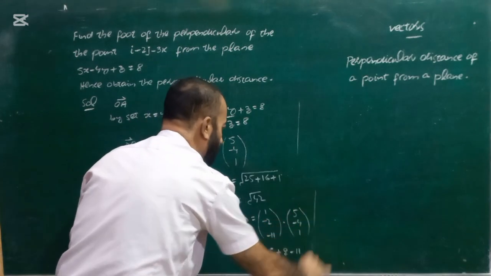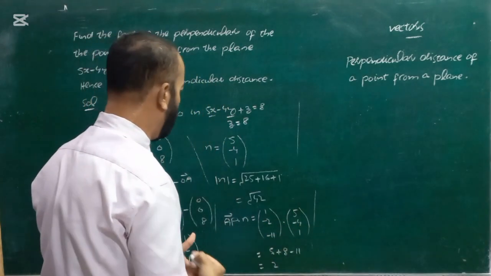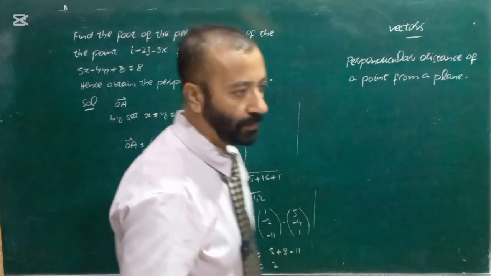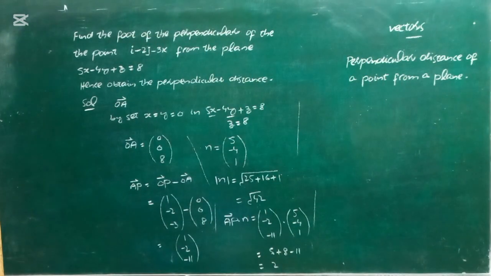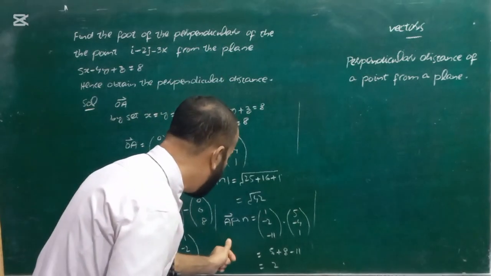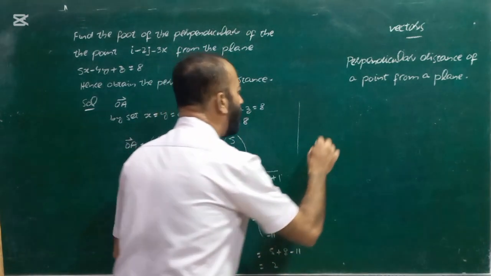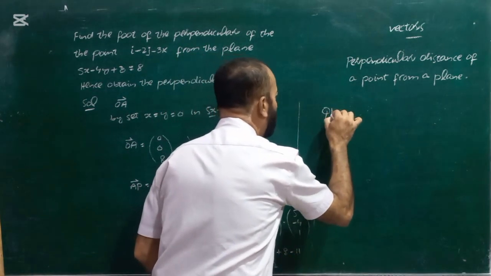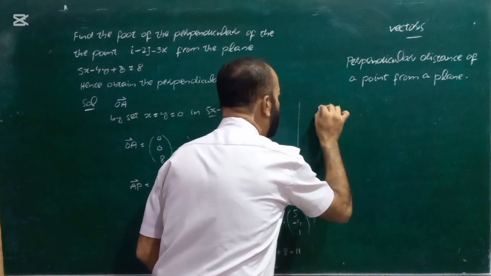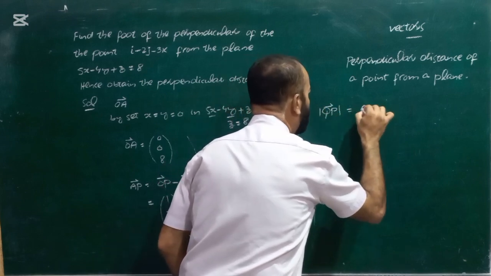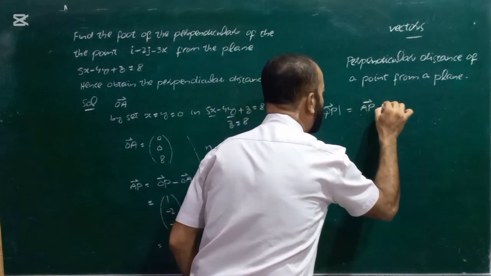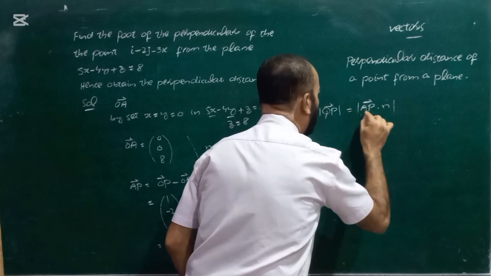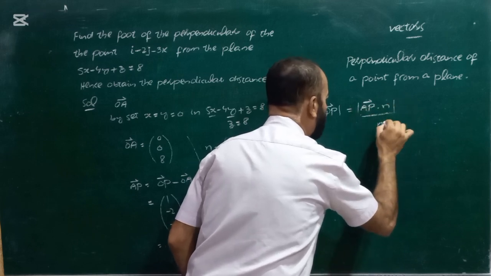Okay, now we are going to put the values into the formula. So QP magnitude is equal to the modulus of AP dot n over n magnitude.